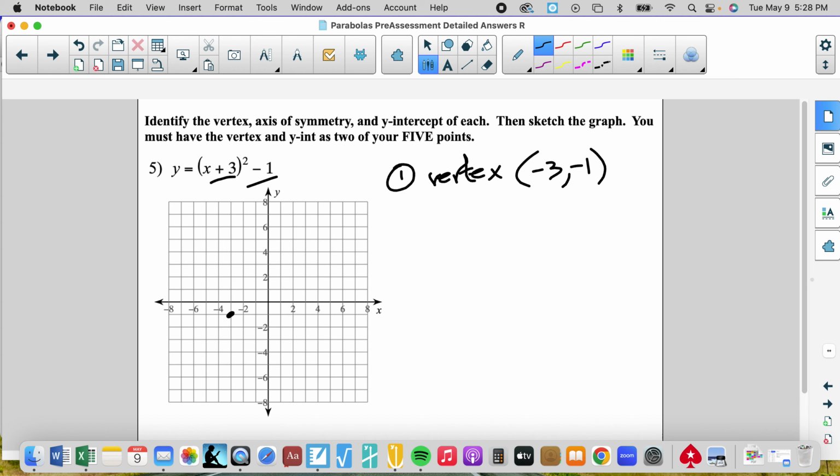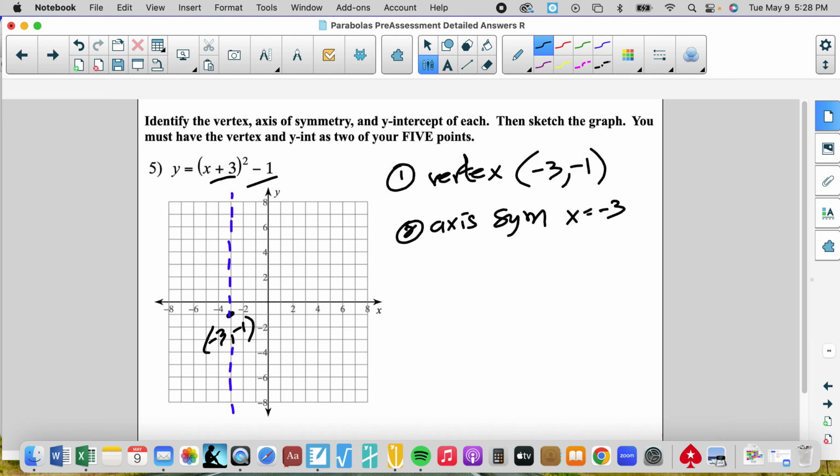My A is 1, so I'm going to label it under because I know it's going to be a U. My axis of symmetry is going to lie on the vertex. Axis of symmetry is going to be x equals negative 3.